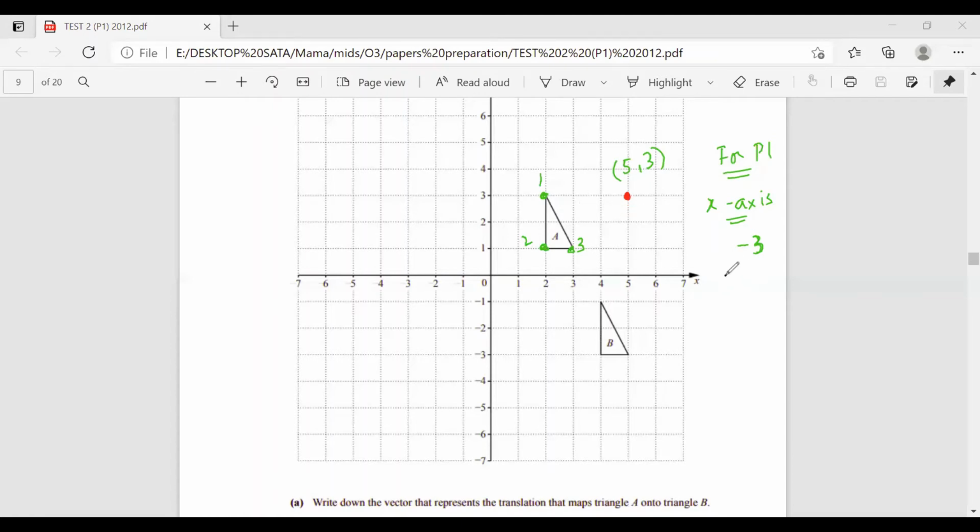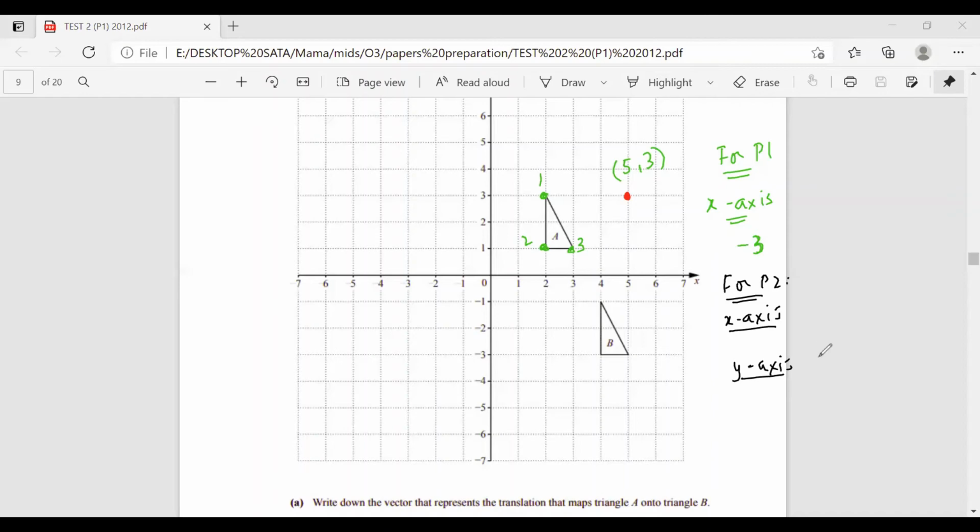For P2, x-axis and y-axis both. How can I say it x and y? Just simply look at the diagram. If I shift from center to point 2, I have to move 1, 2.